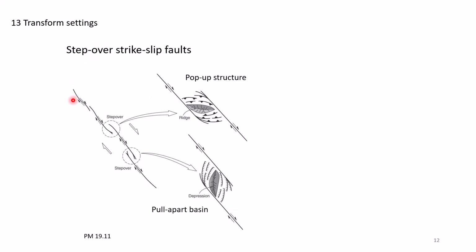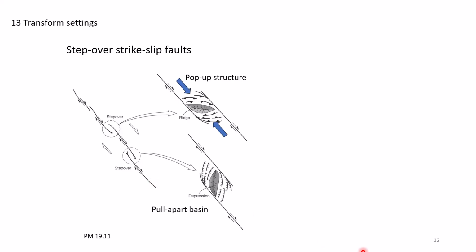We also can see that pop-up structures and pull-apart basins can occur at the same time in the same strike-slip fault zone, because the step-over might be in opposite directions along the strike of such a longer, larger-scale strike-slip fault.